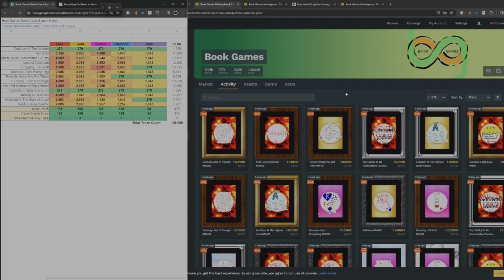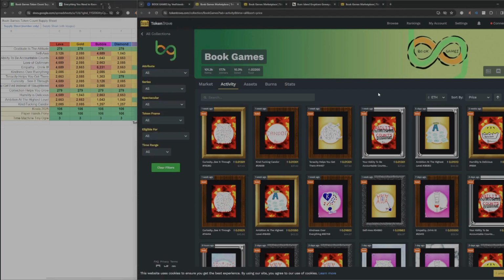So that's the in between where you see really good deals, but when you really crunch the numbers, sometimes you can get even better deals in terms of the actual rarity of the total supply. And that's what makes book games, and that's what makes spectating so enticing.